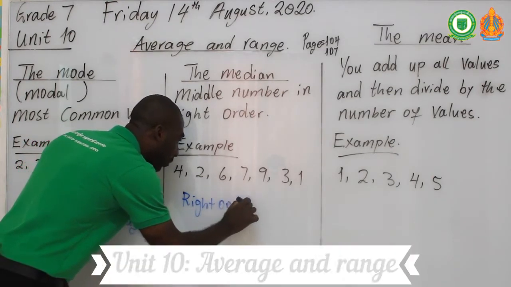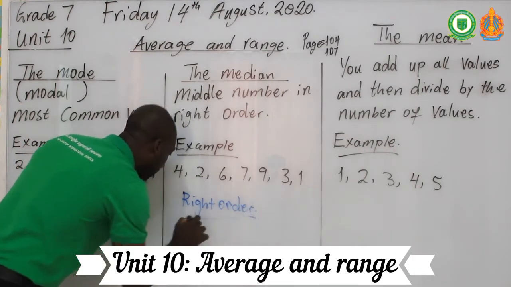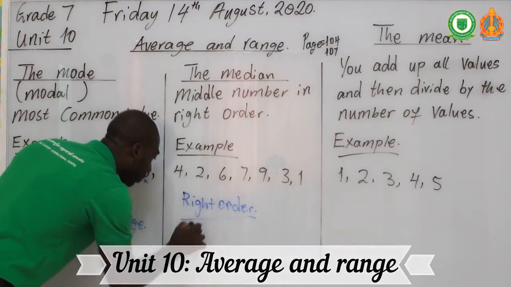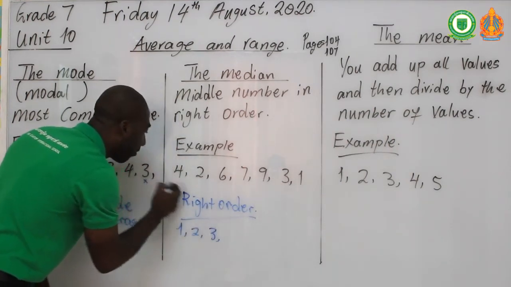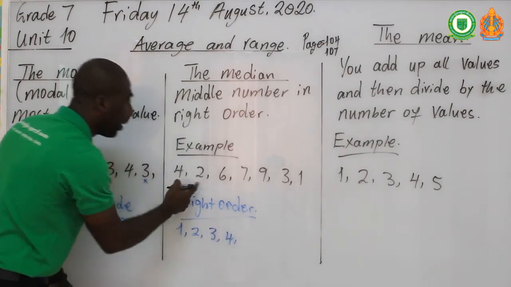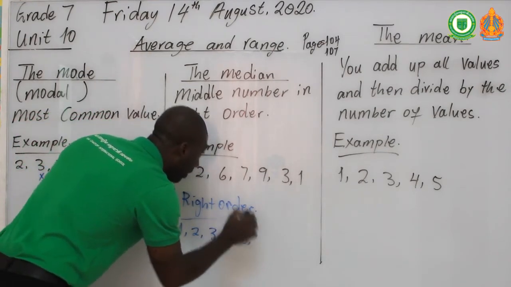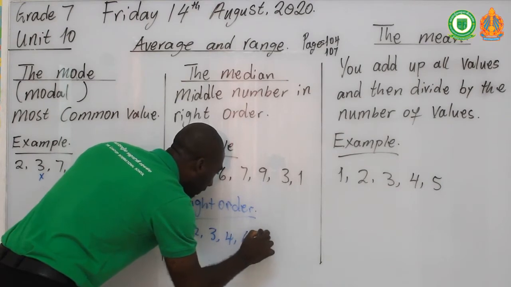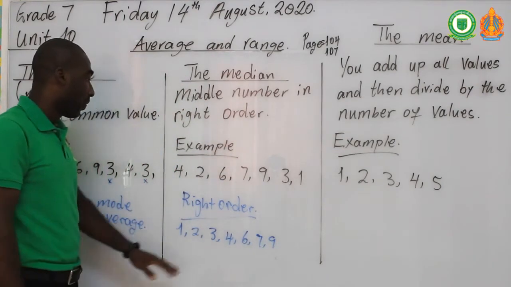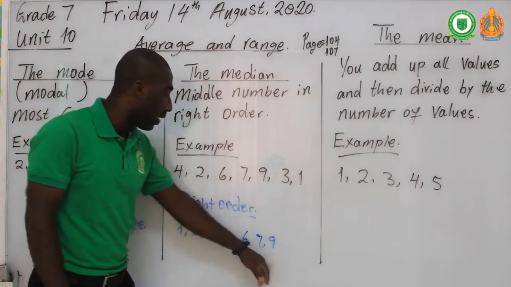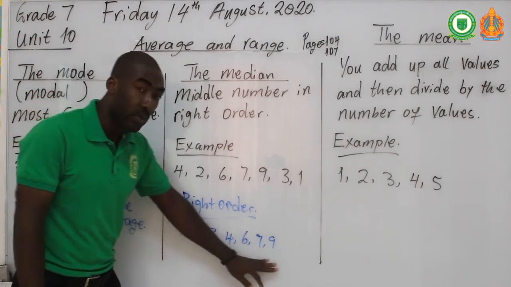We start with 1, then we have 2, 3, 4, 6, 7, 9, and 9 is the last one. So when we put our numbers in order, this is what we find.